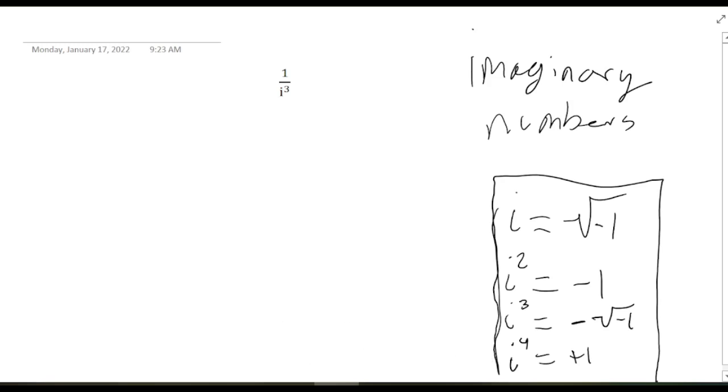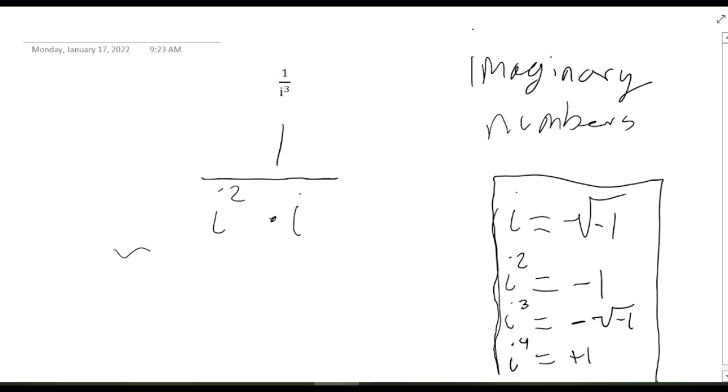So let's look at our problem here. We have 1 over i to the third. Let's rewrite that. So that's 1, and let's rewrite i to the third, as we said, as i squared times i, because we know what i squared is. i squared is -1.